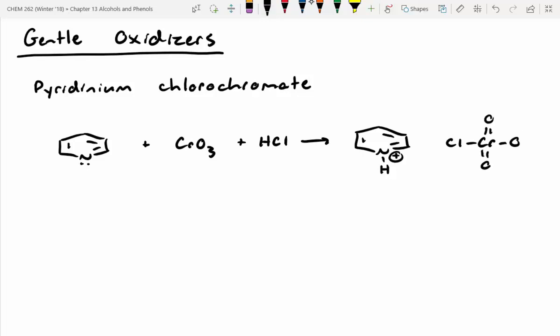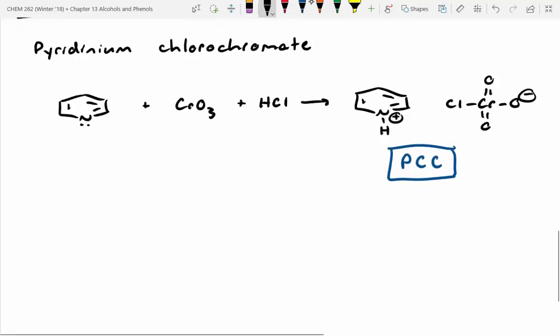Looks like this. Most people will just refer to this as PCC rather than pyridinium chlorochromate because it flows off the tongue a little bit better. So that's one of our oxidizers that's really gentle.